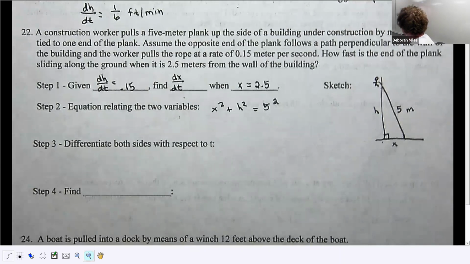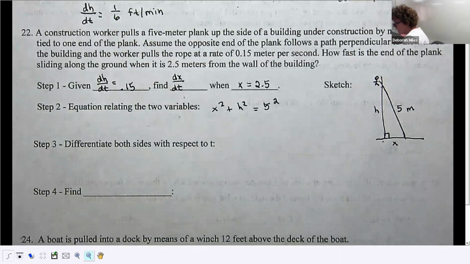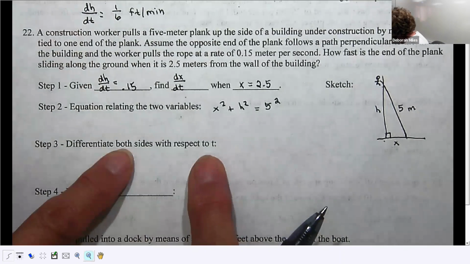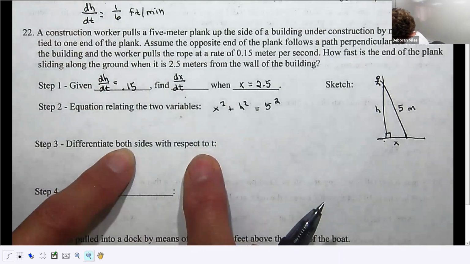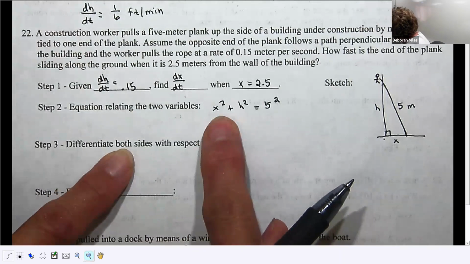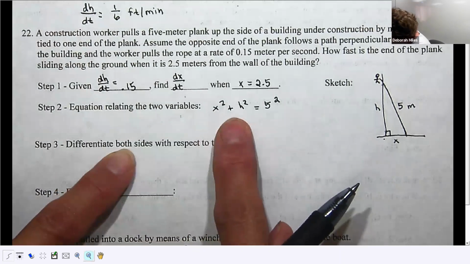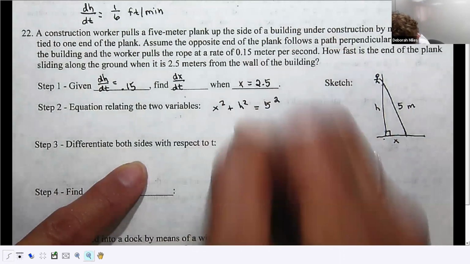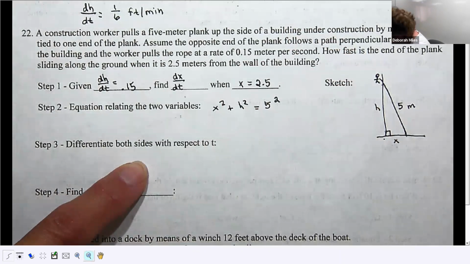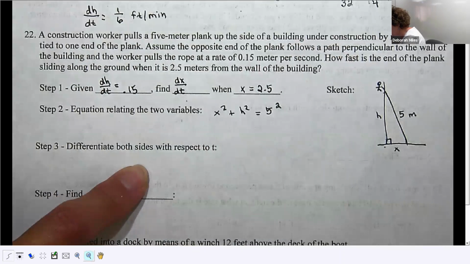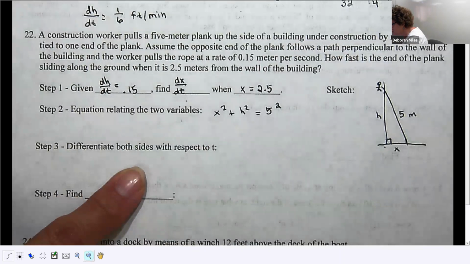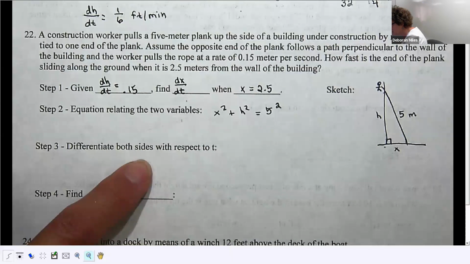It doesn't have anything about rates in it until I differentiate with respect to t. So the derivative of the left-hand side with respect to t would be what? Not necessarily. If it's a right triangle.